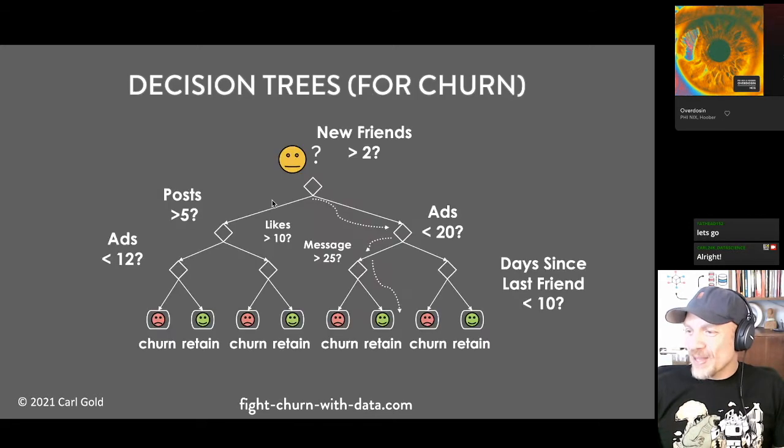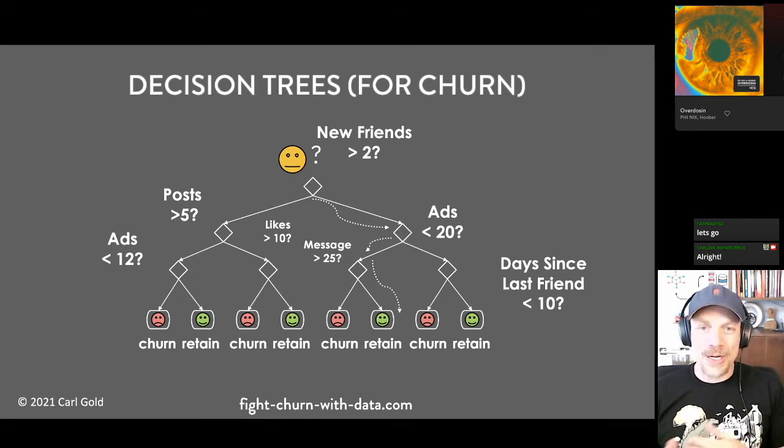So let's see. Here's an example of a machine learning algorithm applied to churn. This is called a decision tree, and it's one of the most common approaches to machine learning or prediction. The idea, like shown in the picture, is that you're going to make a prediction with a tree of decision rules, and each decision rule has a cut point. So let's say we start out with this customer at the top, and we want to predict if he's going to churn or not churn.